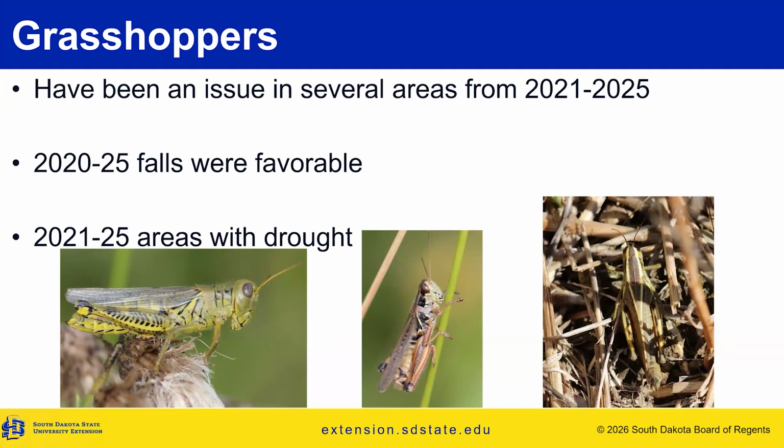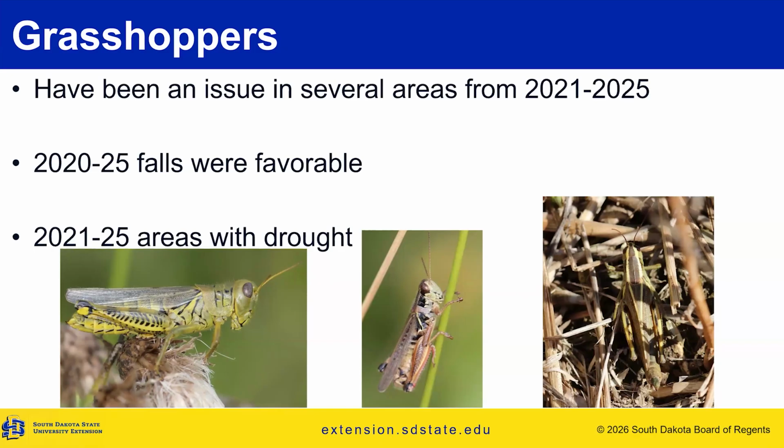Well, we look for periods of drought or drier conditions, because grasshoppers like bare soil or drier soil for laying eggs. Something else that's very favorable is warm falls. Essentially, the later that first hard frost, the more grasshopper eggs that will be laid, and as a result, the potential for increased populations during the next years.